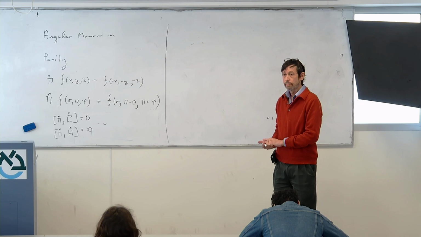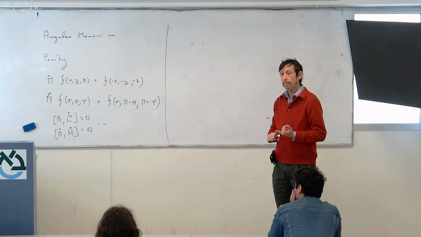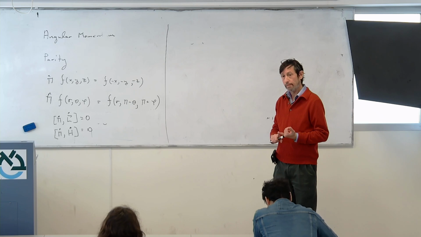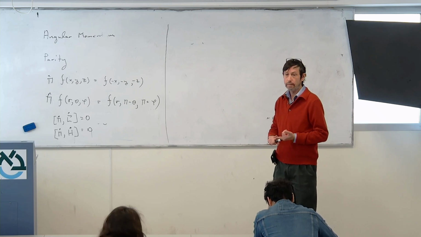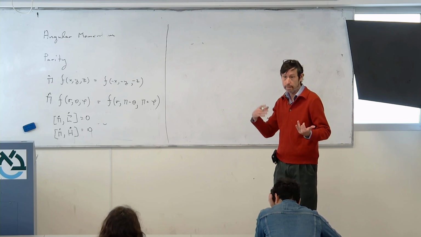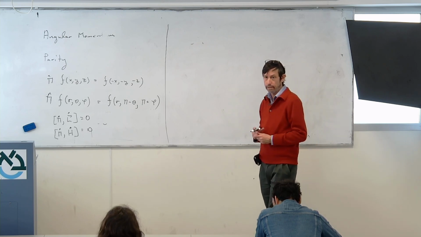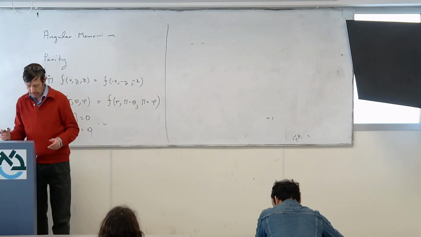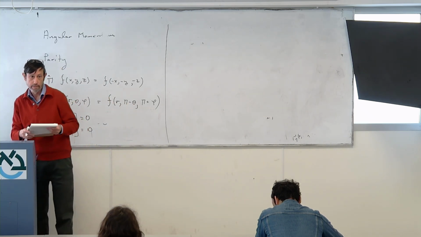So, the eigenvectors of the angular momentum have a definite parity, and the eigenvectors of the Hamiltonian, because it depends only on r and it's isotropic in theta and phi, have also a definite parity. What is this parity? Let's check.